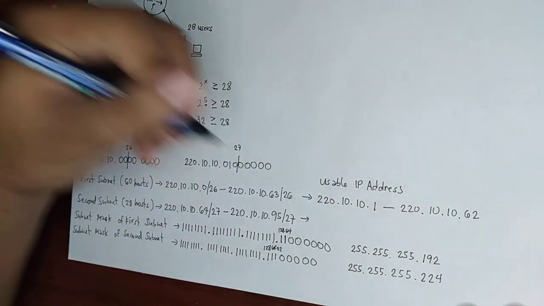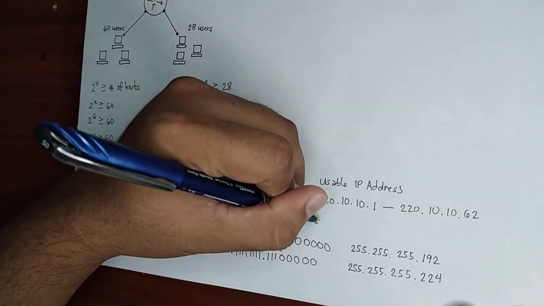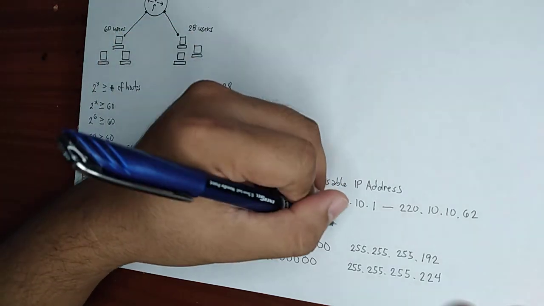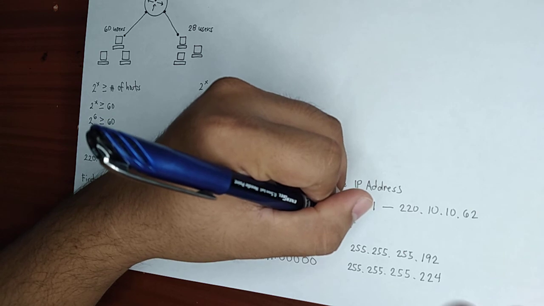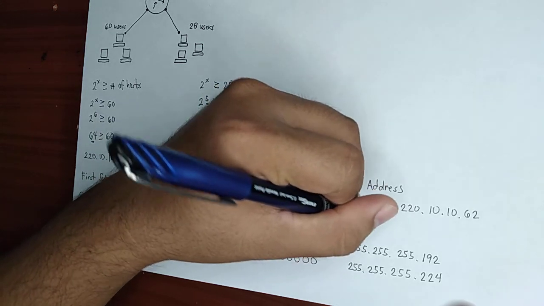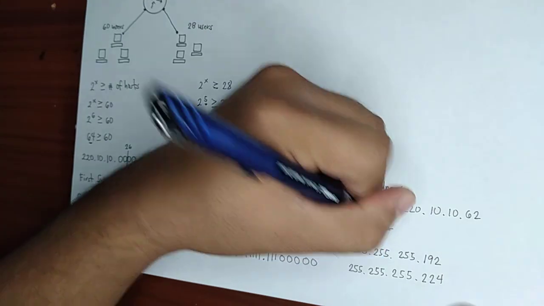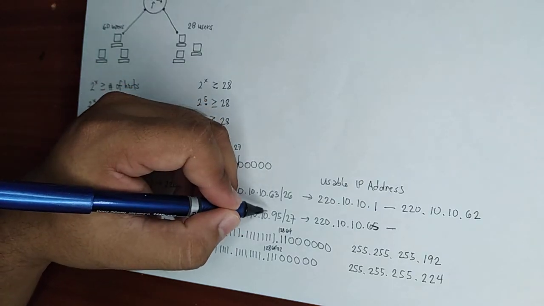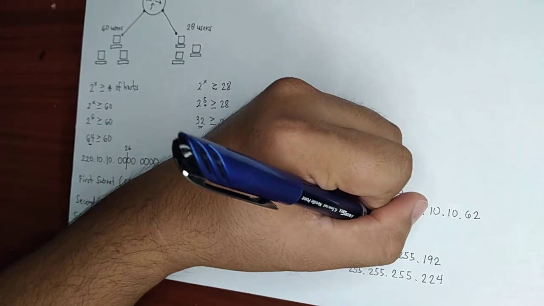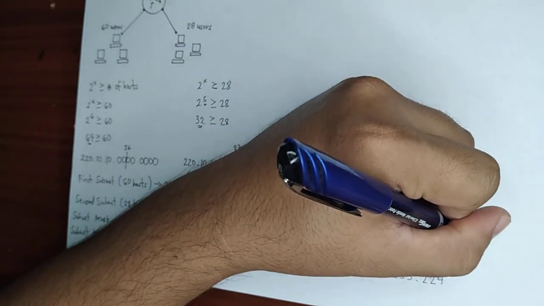Next, for subnet number 2, we have the address 220.10.10.64 until .95. Again, we will add 1 to our network address to get our first usable IP address, 220.10.10.65. Until, we have to deduct one value from our host side, so that will be 220.10.10.94.